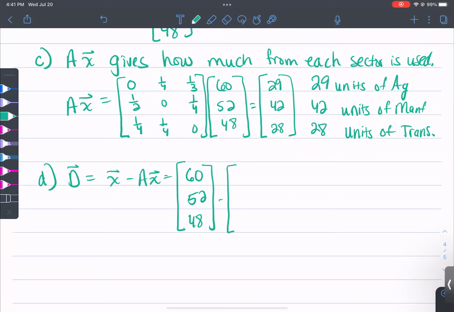Subtract from that our solution, 29, 42, 28. We use corresponding elements and do the subtraction. We get 31, 10, and 20.